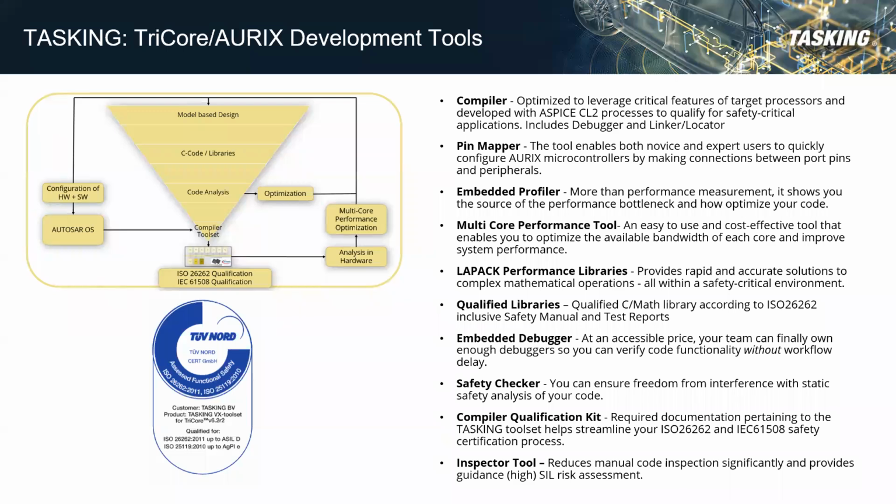All of them developed according to ASPICE Level 2 and TÜV certified according to ISO 26262 up to ASIL D. In addition, with the latest qualification kit, Tasking is now also supporting the IEC 61508 up to SIL 4 for industrial applications. Supplementary, Tasking is offering LAPACK performance libraries and qualified C math libraries as per ISO 26262.